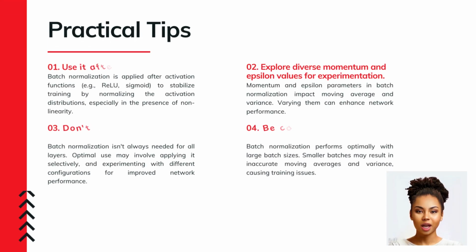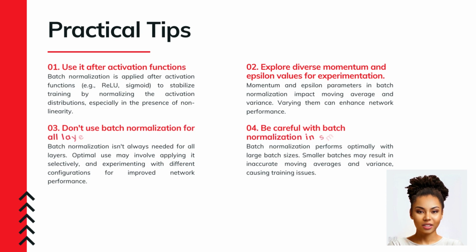Let's uncover some practical tips for using batch normalization. Apply batch normalization post-activation functions, for example, ReLU, sigmoid, to stabilize training by normalizing activation distributions, especially under nonlinearities. Tune momentum and epsilon parameters in batch normalization to influence moving average and variance.